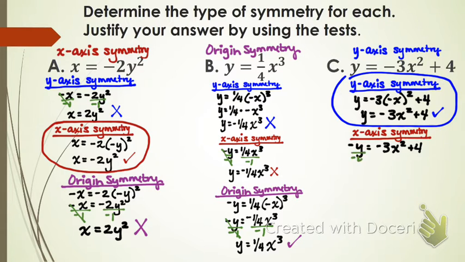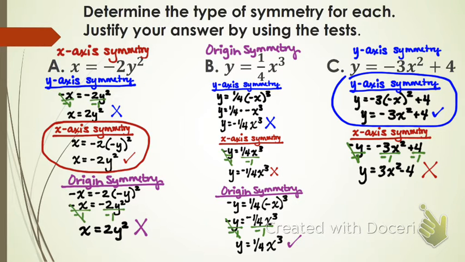I divide everybody by negative 1. What am I doing? y equals what? 3x squared minus 4. Is that what we started with? No. So we do not have x-axis symmetry.